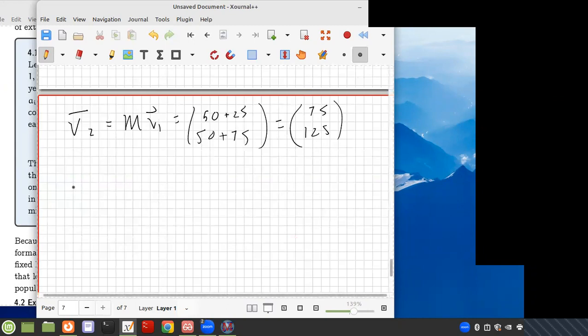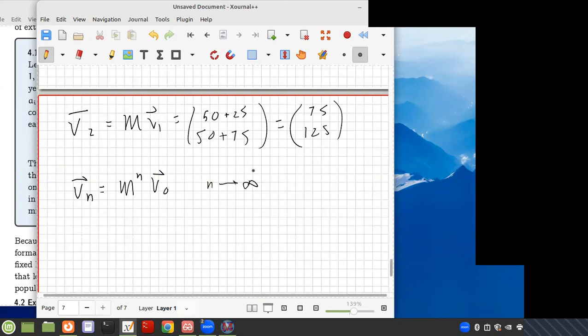Okay, so if we wanted to know V to the n, that would be M to the n times V0. And we would hope that there'd be a long time limit, the pattern as n goes to infinity.